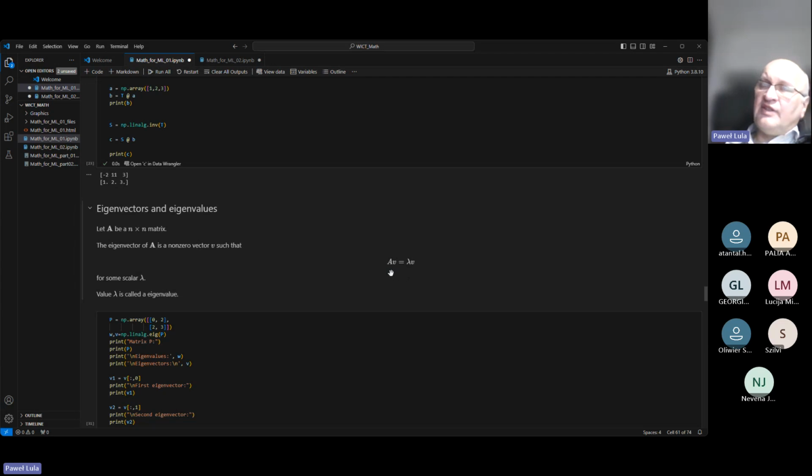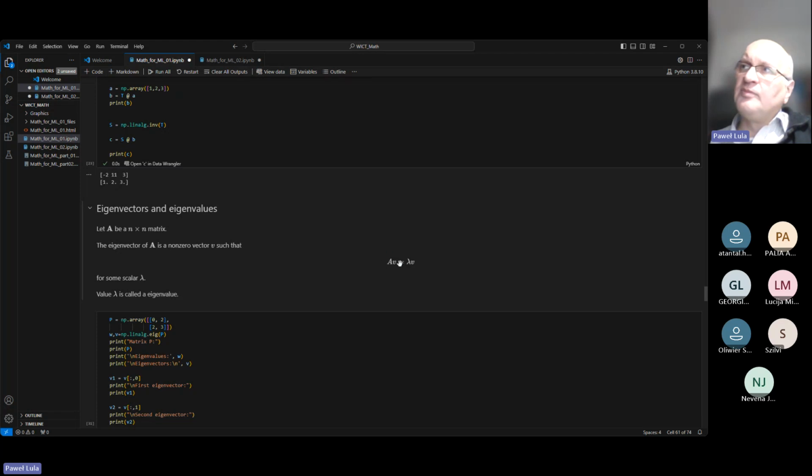Because as I said before, V is an eigenvector of A if A multiplied by V is equal to lambda multiplied by V. On the left side, we have a product of a matrix A and a vector V. It may be interpreted as a transformation of vector V, where A is the definition of this transformation, in the form of a transformation matrix.